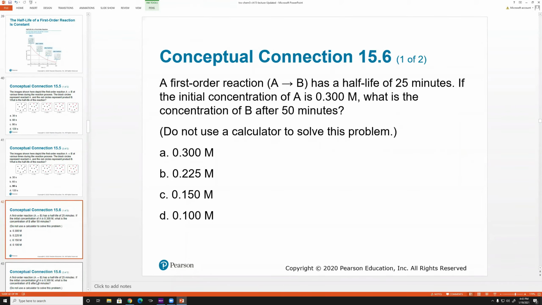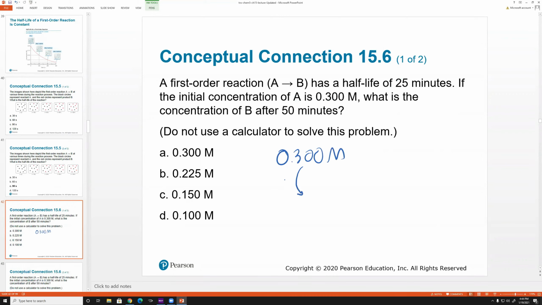Here's another one. A first order reaction A to B has a half-life of 25 minutes. If the initial concentration of A is 0.3, what is the concentration of B after 50 minutes? This one you have to think a little bit, so I'll walk you through it. If the half-life is 25 minutes and the initial concentration is 0.3, let's go through some half-lives.